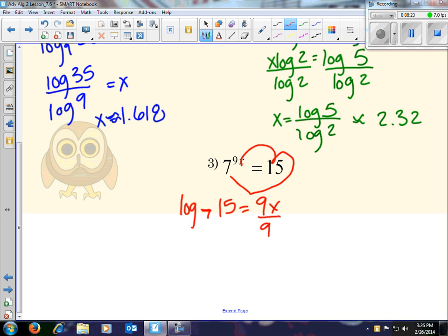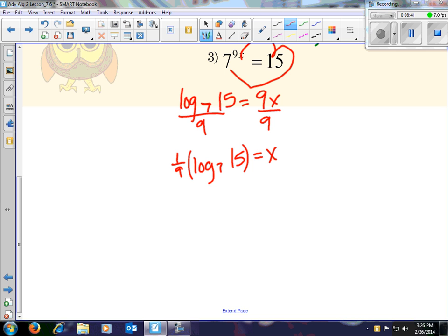So I'm going to divide by 9 on both sides. So I have log base 7 of 15 over 9, or 1/9 times log base 7 of 15, is equal to x. And then I can just punch this into my calculator and get x is approximately 0.155.